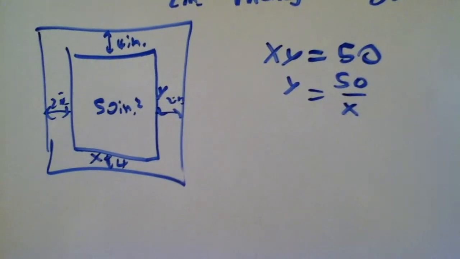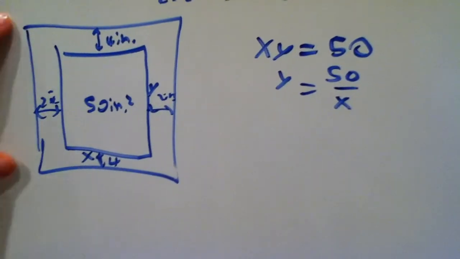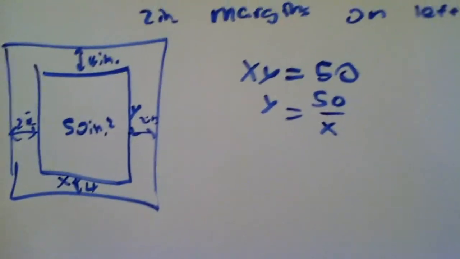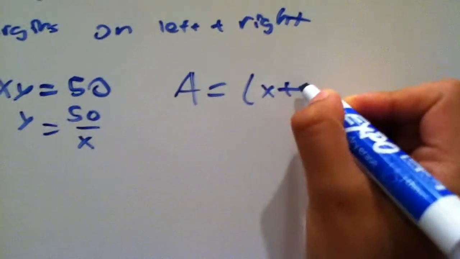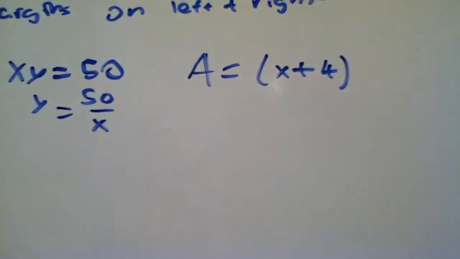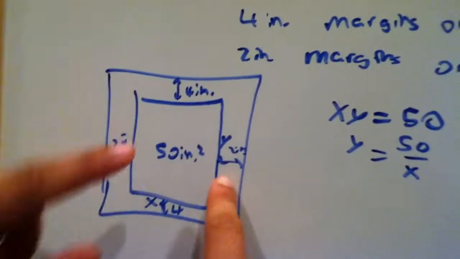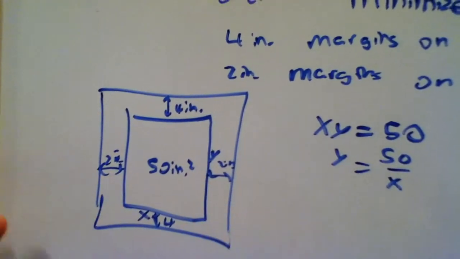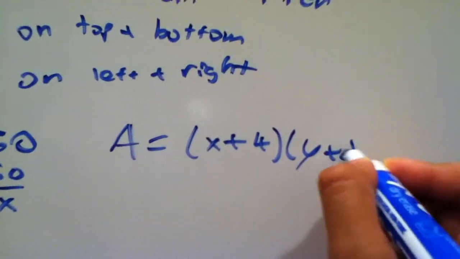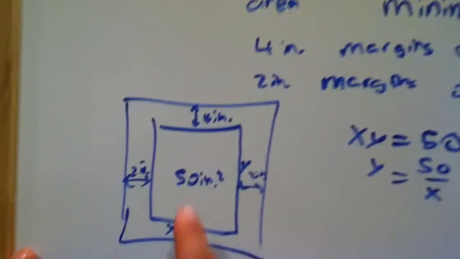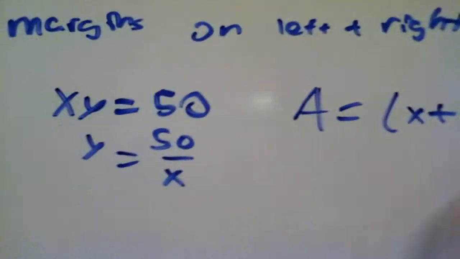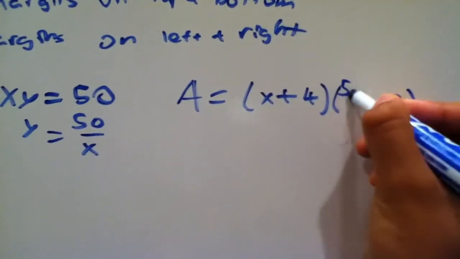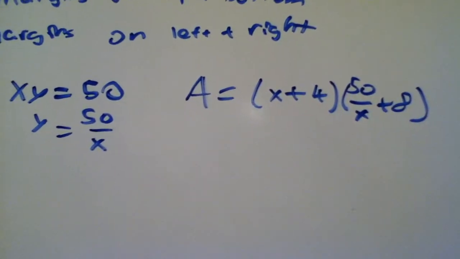And the area of the whole thing is going to be X plus 4, because you have this X and you have 2-inch margins on each side, so it becomes X plus 4, and the height is Y plus 8, because you have 4 and 4, so it becomes 8. But instead of Y, we can now use 50 over X, so it's going to be 50 over X plus 8.